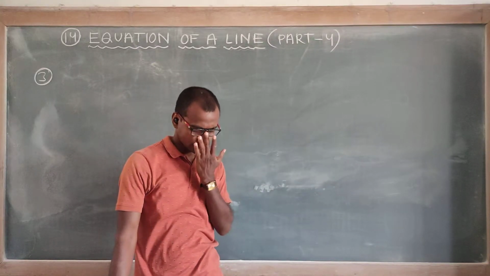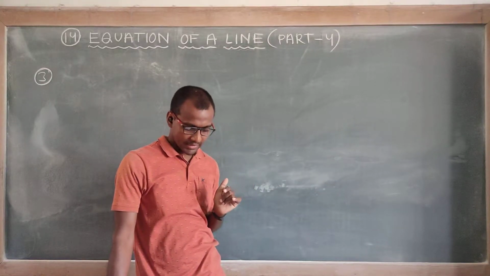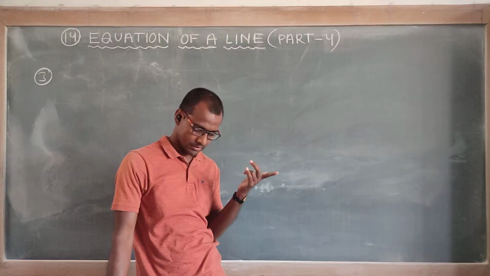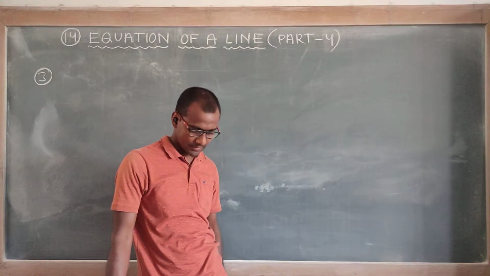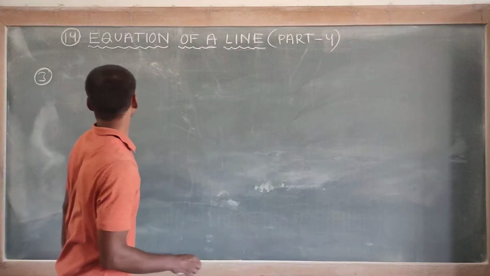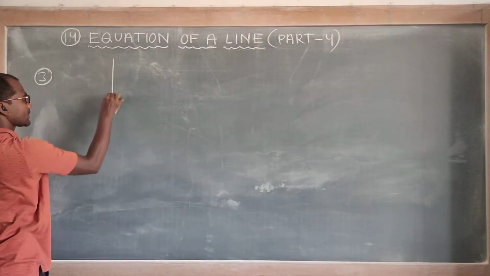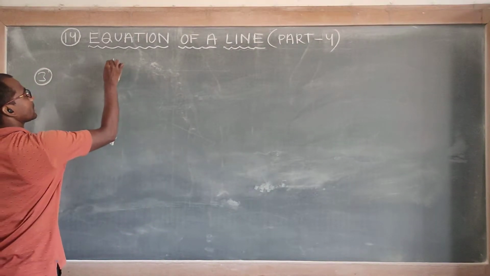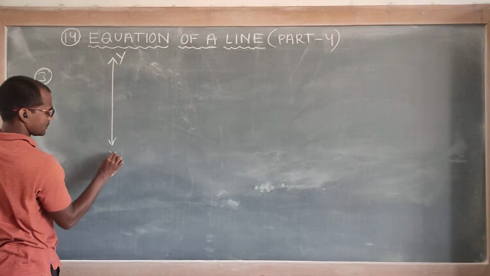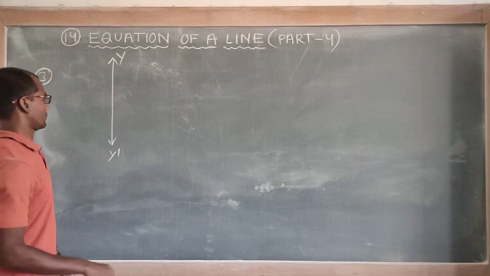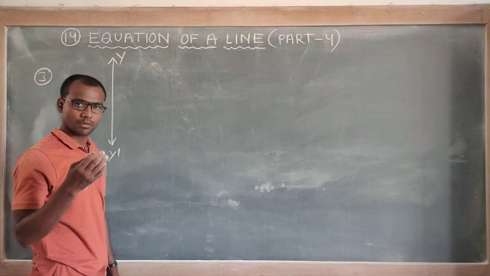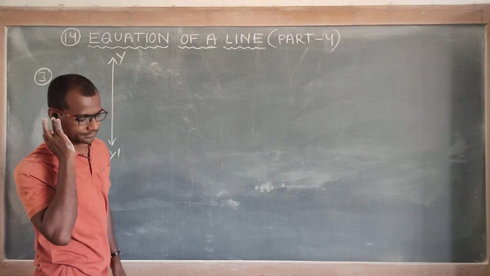So definitely the line will be like this. Move down. Meet the y-axis at point P. Find the coordinates of point P. Okay. Suppose this is the y-axis. Diagram is very important to understand. Okay, and formulas are required to find the equation of the line.